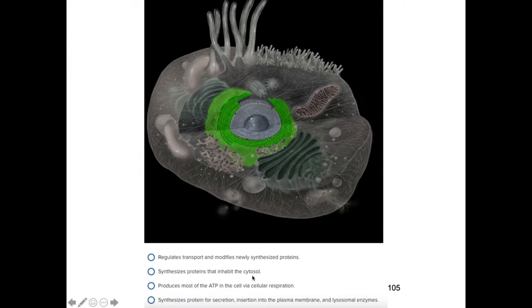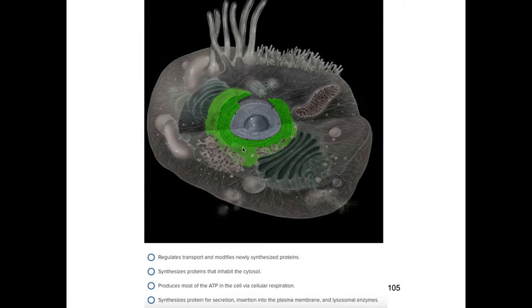Is it synthesizing proteins that inhabit the cytosol, meaning it's just used for here, or it synthesizes proteins for secretion or insertion into the plasma membrane and lysosomal enzymes? So what you need to do is look at what do ribosomes do, what does the rough endoplasmic reticulum do compared to the smooth endoplasmic reticulum.